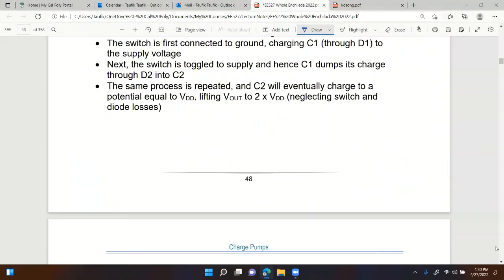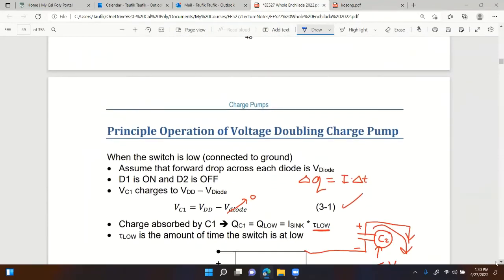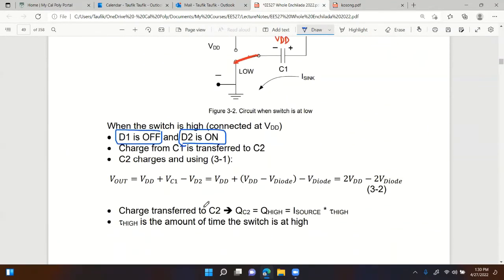So from that same loop, that big loop right there, the equation is V out equals VDD plus VC1 minus VD2. And remember VC1 from the previous state is equal to VDD minus V diode, right? So at the end, the equation for V out equals 2 VDD minus 2 V diode, right? So this is another proof, right? That if V diode is not equal to 0, then V out is always less than 2 times VDD, right?